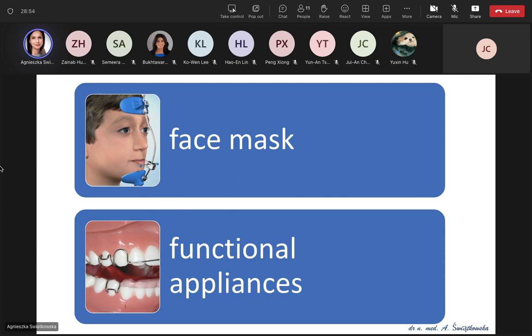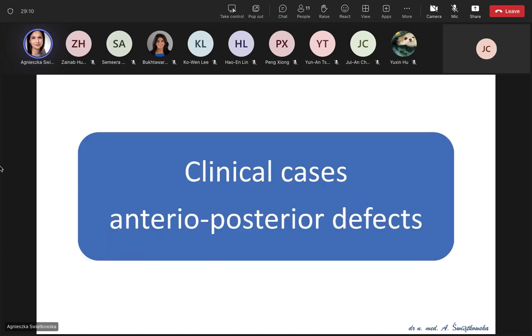Face mask, an extraoral appliance for growth modification, and next appliance, functional appliances for treatment of class 2.